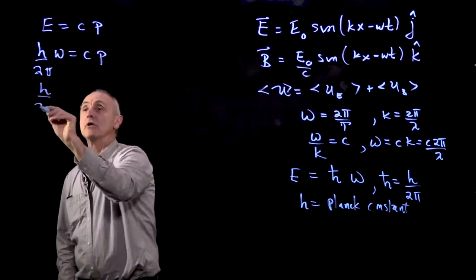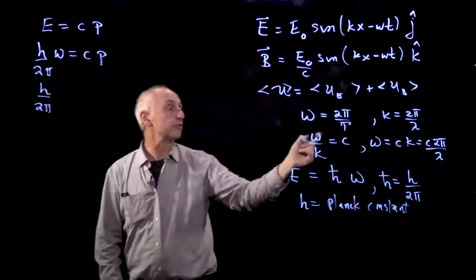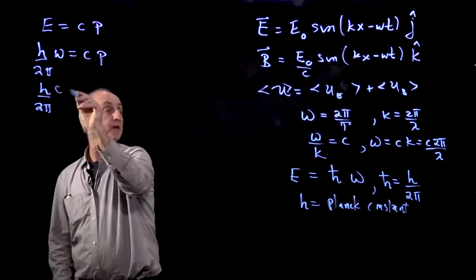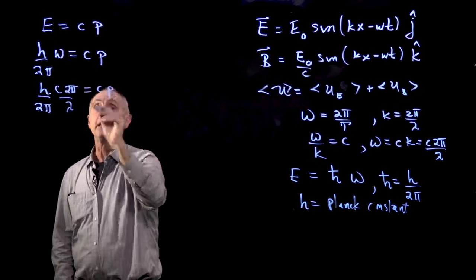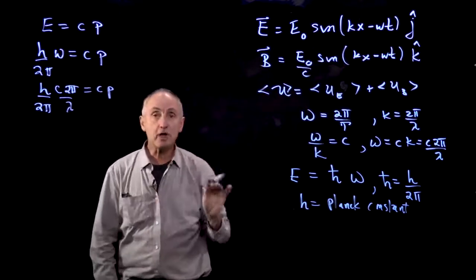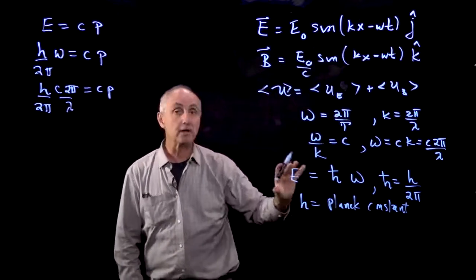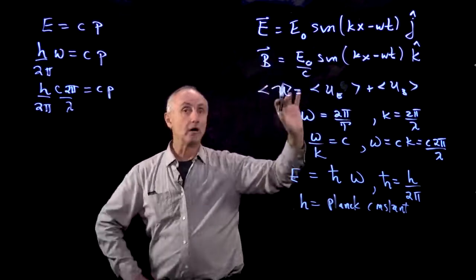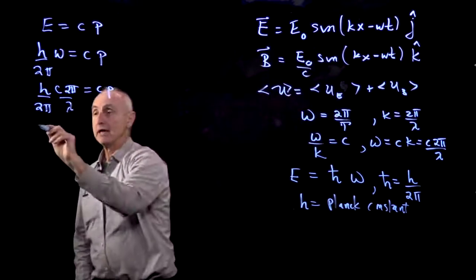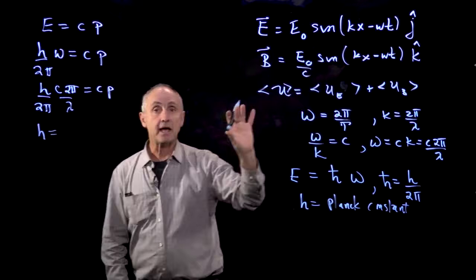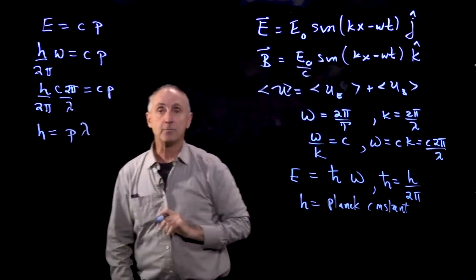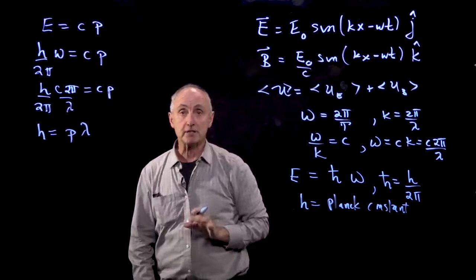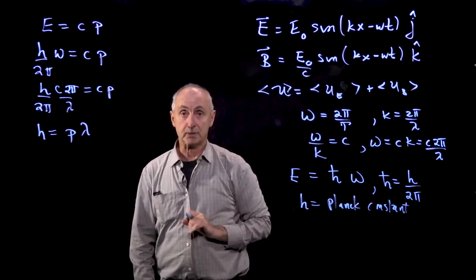And let's now replace our result for the angular frequency, which is the speed of light times 2 pi over lambda, so h over 2 pi times c times 2 pi over lambda equals cp. And so another way of describing our quantum of electromagnetic energy, the photon, is that the momentum and the wavelength of our photon are related by this fundamental relationship: momentum times wavelength is Planck's constant.